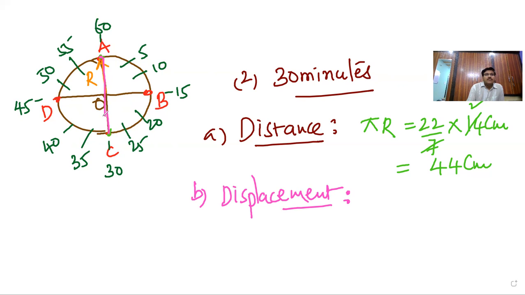Diameter A to C is R plus R. This is R, this is R. So 2R. 2 into R, where R is 14 centimeters. So it is 28 centimeters. Shortest distance between initial and final position. Clear? That is the case.